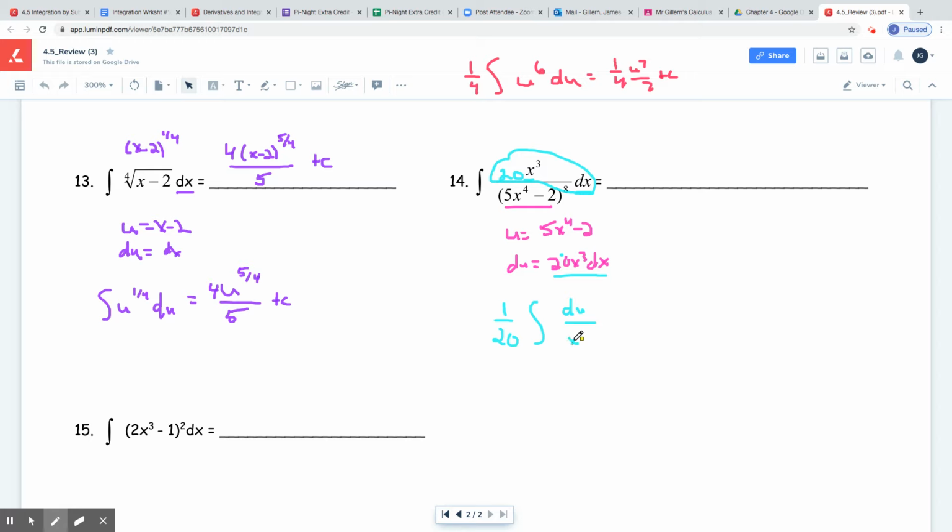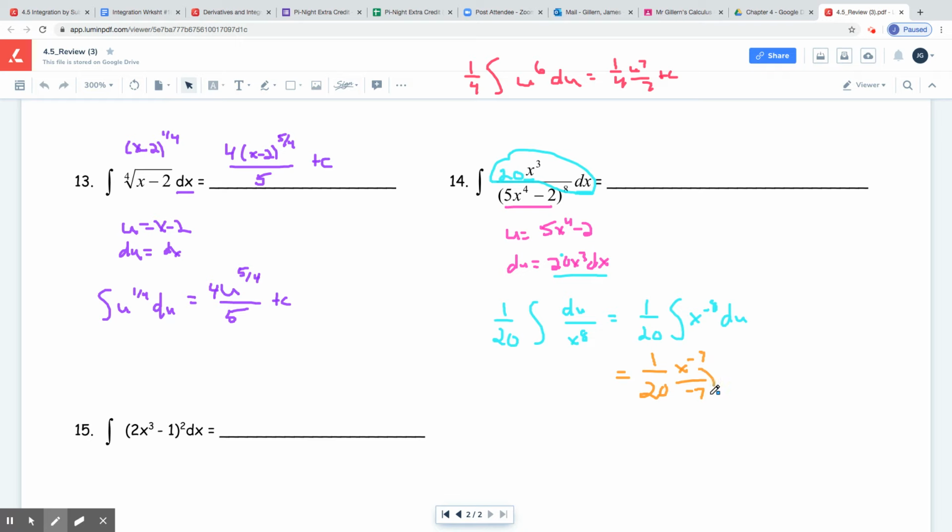over x to the 8th, which is the same thing as 1 over 20 integral of x to the negative 8th du. Get a little cramp in my arm here doing this with the mouse. Integrate this, and I get 1/20 x to the negative 7th over negative 7.